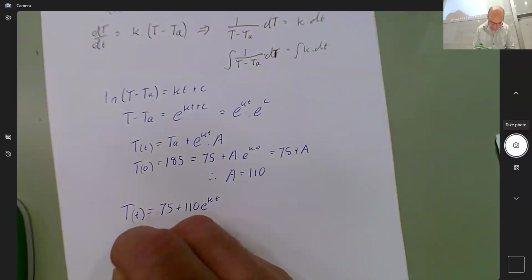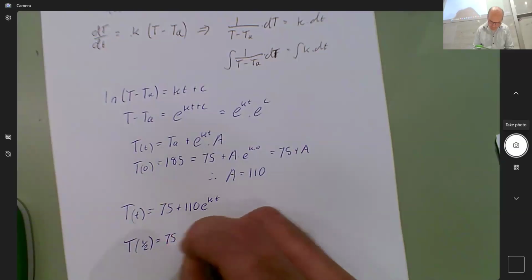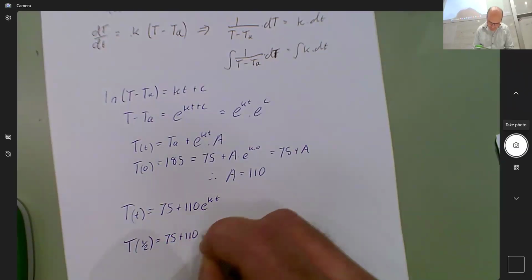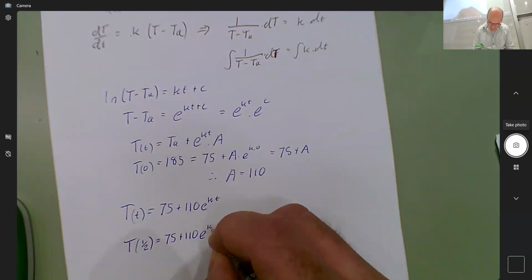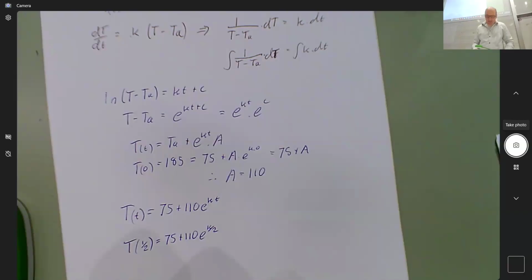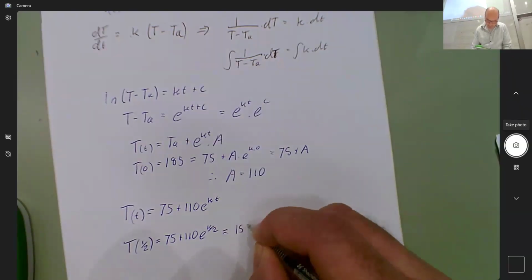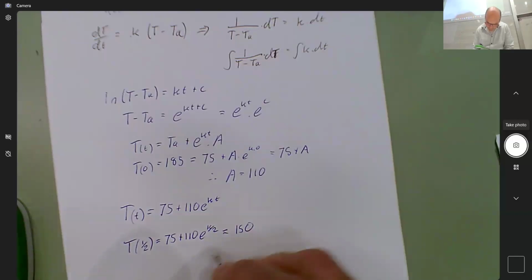All right. T of a half is equal to 75 plus 110 e to the k on 2. T is a half, k on 2. But also, that is equal to 150. And so I'm going to put my 75 over here.